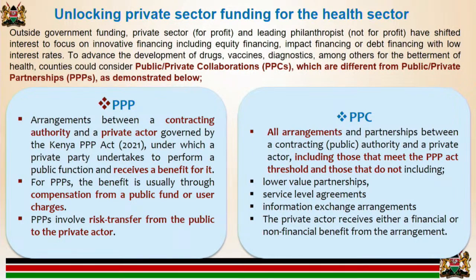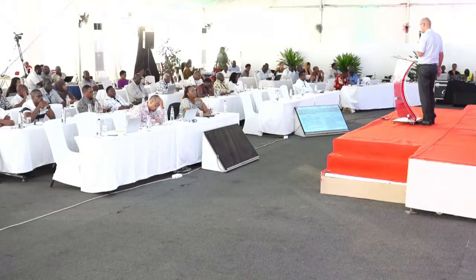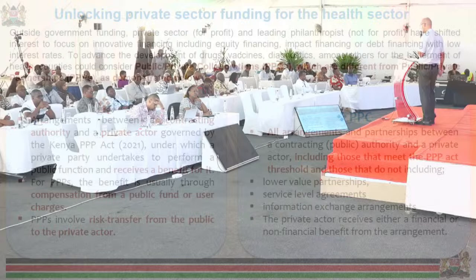But the private partner would have to receive a financial benefit for it to make sense for them. For PPPs, the benefit to the private sector partner is usually compensation from a public fund or user charges. But PPPs involve risk transfer from the public to the private sector.